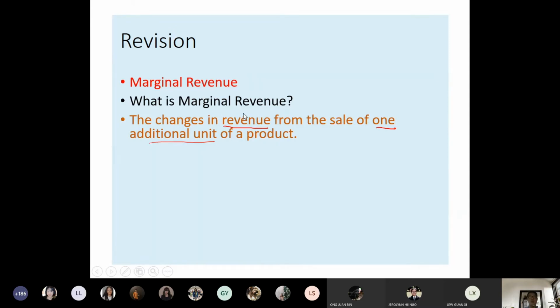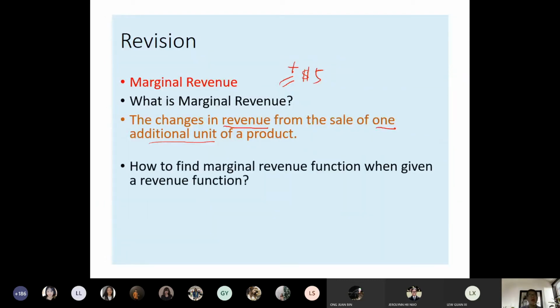So when we produce one additional unit and the product is sold, what is the change in revenue? If the marginal revenue is $5, it means that when we produce one additional unit of product and it is sold, the revenue will increase by $5.